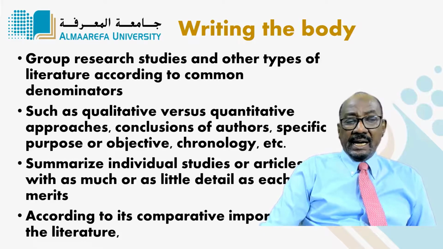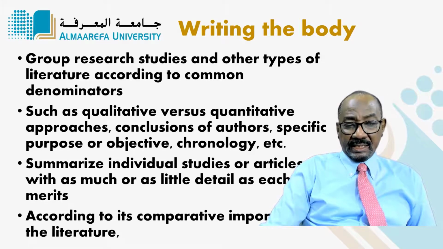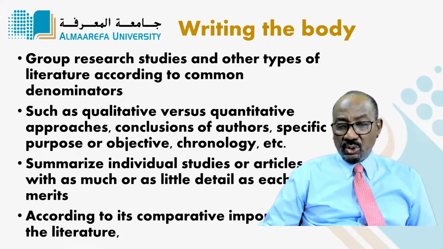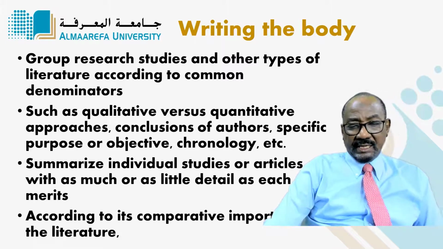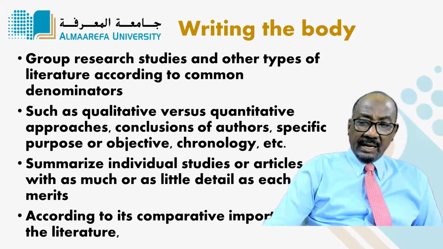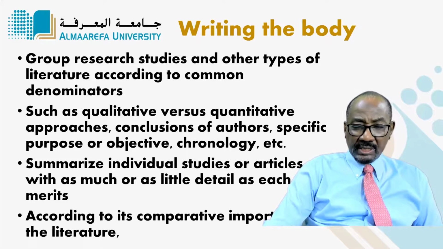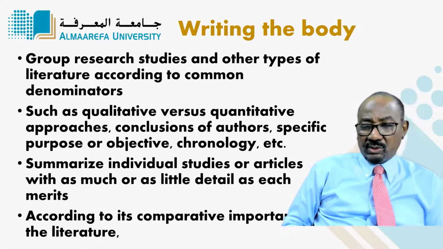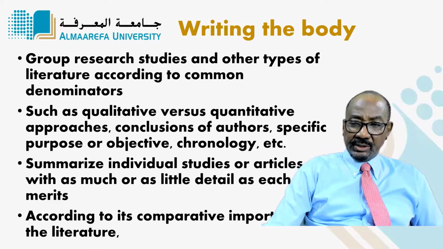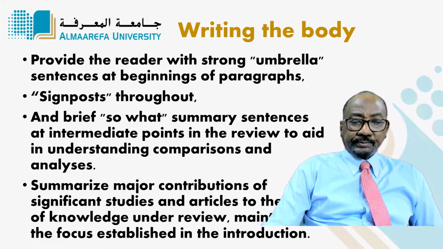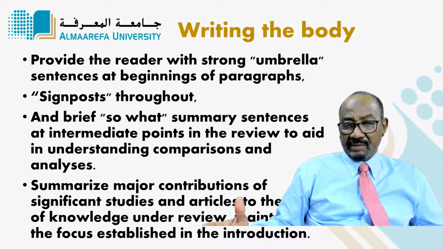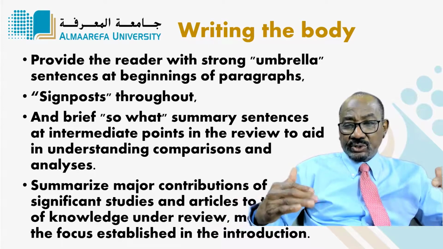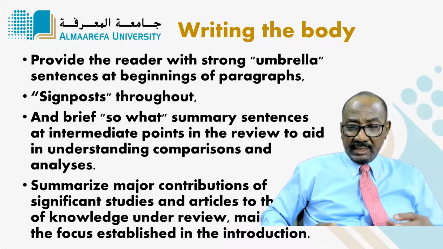And then you can summarize individual studies or articles with as much or as little detail as each merits. It depends on how important that detail is. This is called comparative importance, according to its comparative importance in the literature. Now, also in the body, you provide the reader with strong umbrella sentences at the beginnings of paragraphs, and then signposts throughout. We already discussed this.